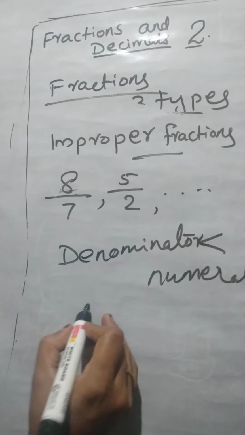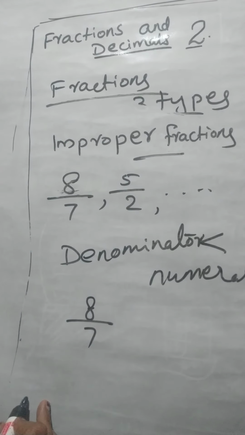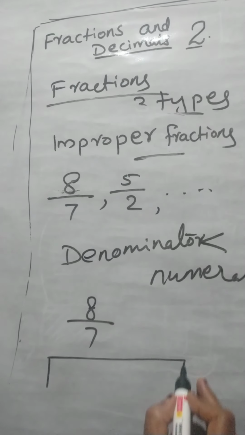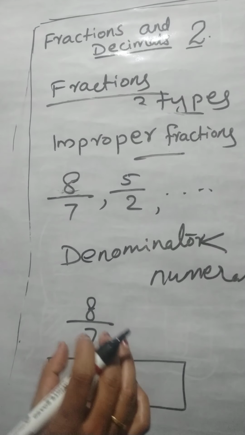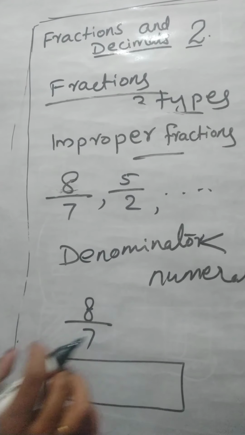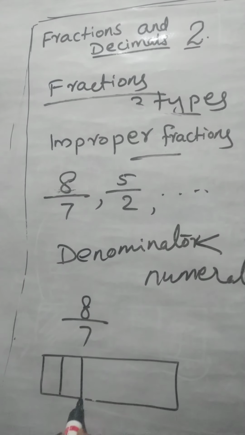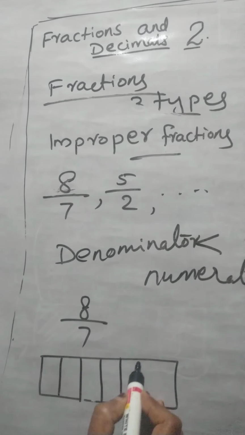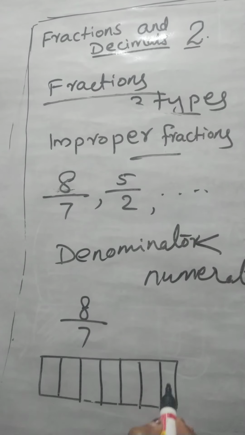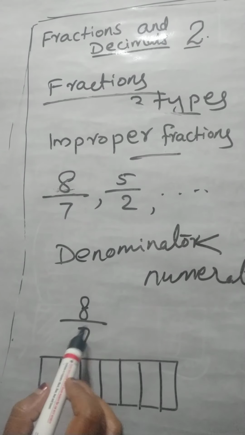You think about this 8 upon 7. That means we have cut one cake into 7 pieces. How many pieces are there? That is represented by the denominator. So 1, 2, 3, 4, 5, 6, 7. Anyway, you got full.